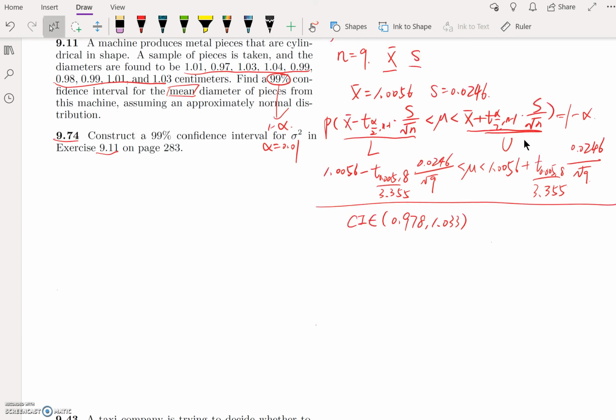And for the second problem, construct a 99% confidence interval for sigma square. So this is the confidence interval for variance.